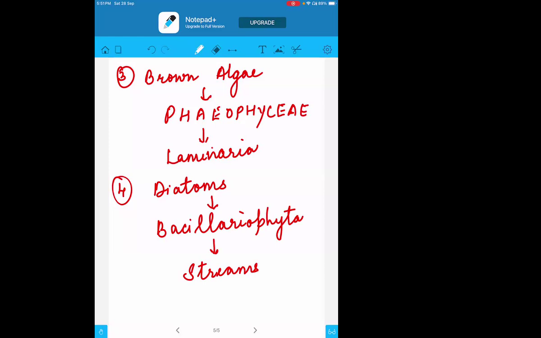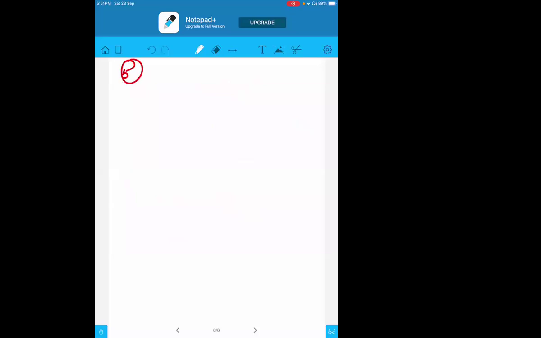In some books, they have given fire algae as the fourth one, and then the diatoms as another subcategory. So we'll just write the names of it. Then the fifth one, the fire algae, which is called pyrophyta.